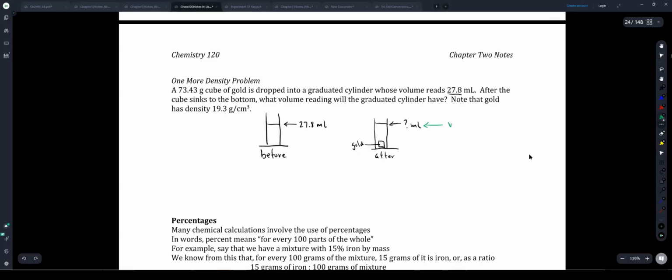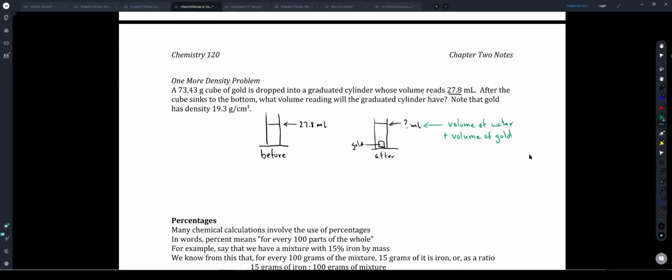This is the volume of water plus the volume of gold. We already know the volume of the water.